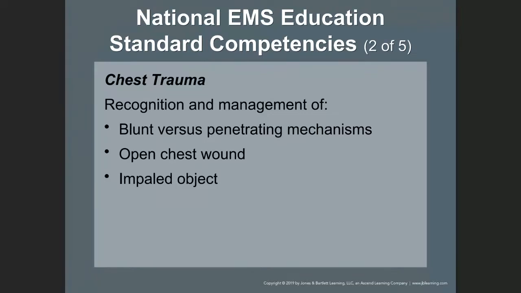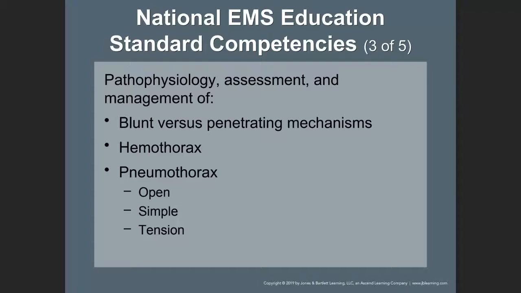This chapter will look at the recognition and management of blunt versus penetrating mechanisms, open chest wound, impaled object, the pathophysiology, assessment and management of hemothorax, pneumothorax, open, simple, or tension pneumothorax.